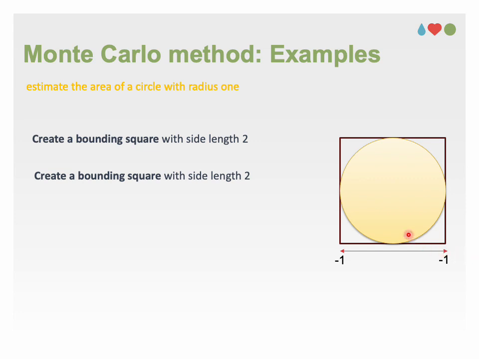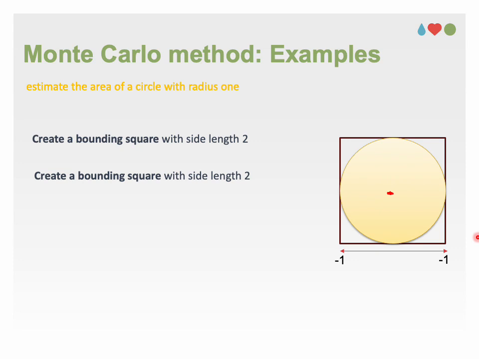We first bound the circle by this square of length 2 centered at 0, 0. We then determine the fraction of points that fall within the circle with respect to those that fall within the bounding square. Let's dive into it.